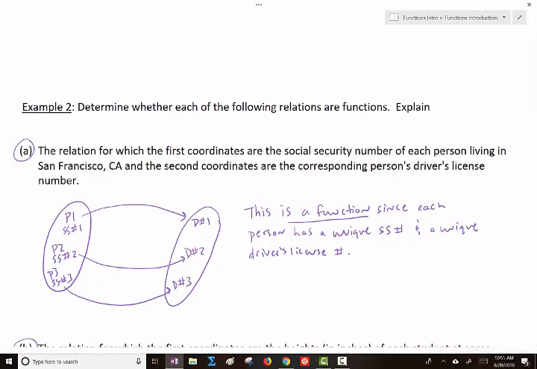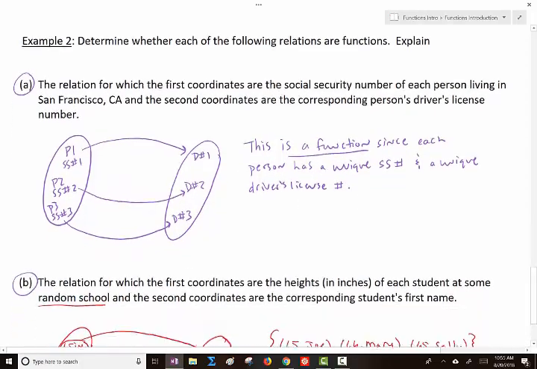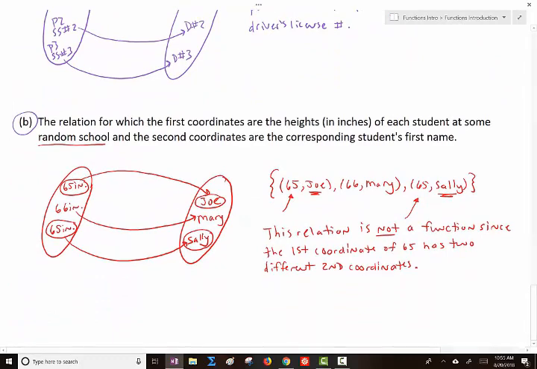In our last example, we saw two scenarios. The first one had a relation where the first coordinates are the social security numbers of each person living in San Francisco, California, and the second coordinates the corresponding person's driver's license number. Each person has a unique social security number and a unique driver's license number, so every first coordinate had exactly one second coordinate, hence that was a function. And in the last example, the relation had the heights in inches of each student at some random school as first coordinates, and the corresponding students' first names as second coordinates.